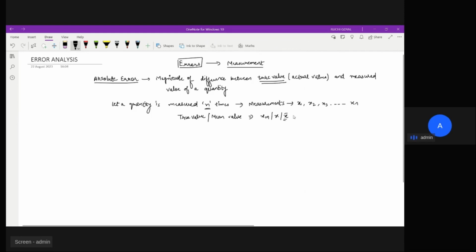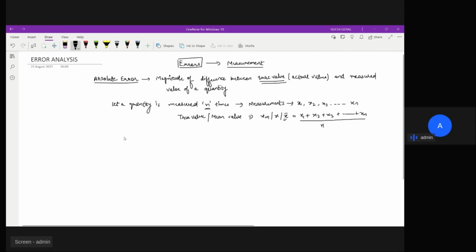So you have to find the mean value. We know the formula of mean value is the sum of observations divided by the total number of observations. So we can write the sum of all measurements divided by the total number of observations, which is n here.